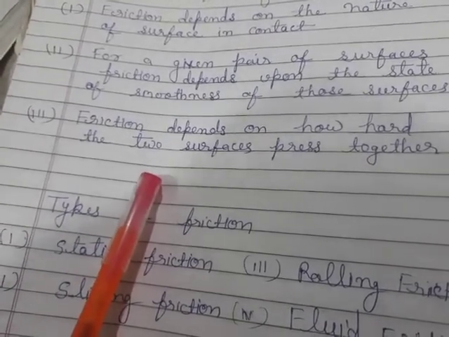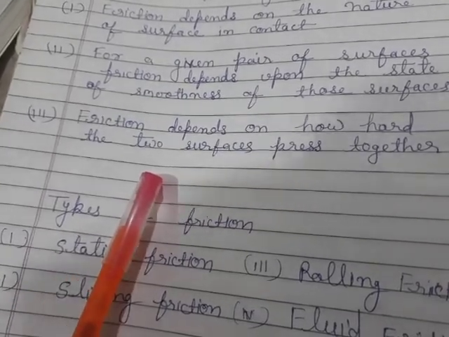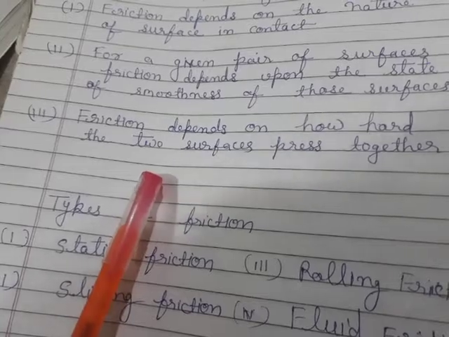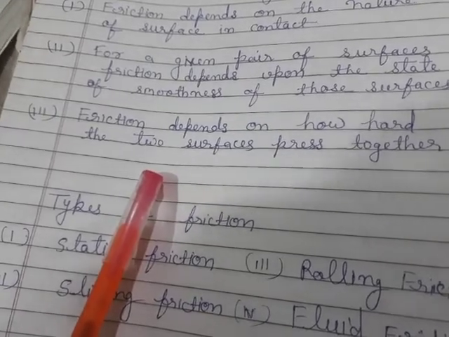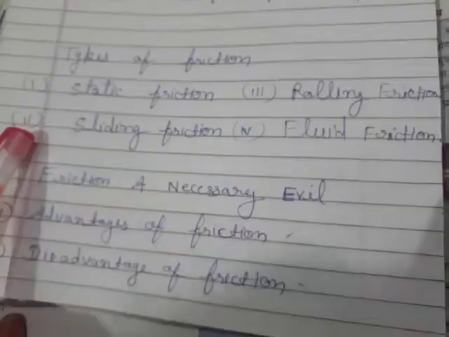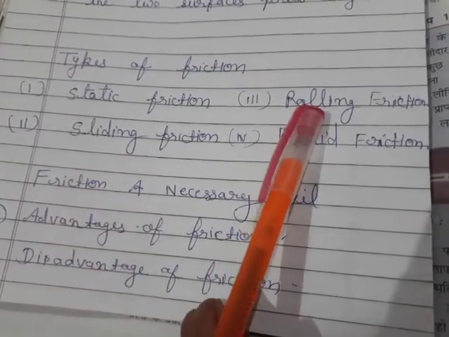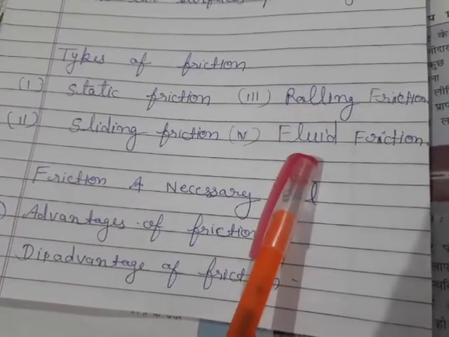You can experience it by dragging a mat when nobody is sitting on it and when a person is sitting on it. Types of friction: static friction, sliding friction, rolling friction, fluid friction.